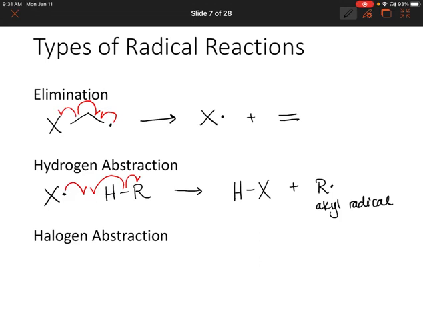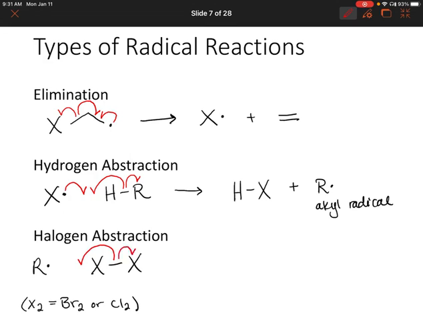Now, another type of abstraction is halogen abstraction. So let's say we have an alkyl radical, and we have a halogen like Br2 or Cl2. Again, we could break apart that covalent bond between the halogens.